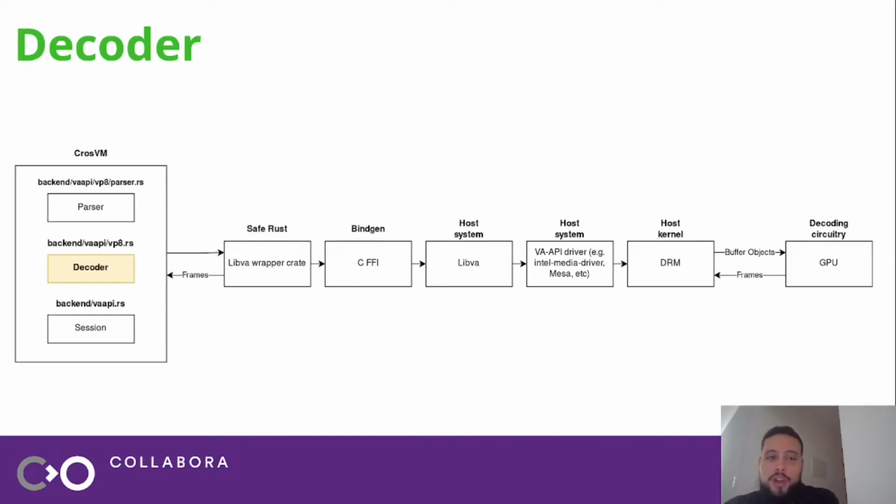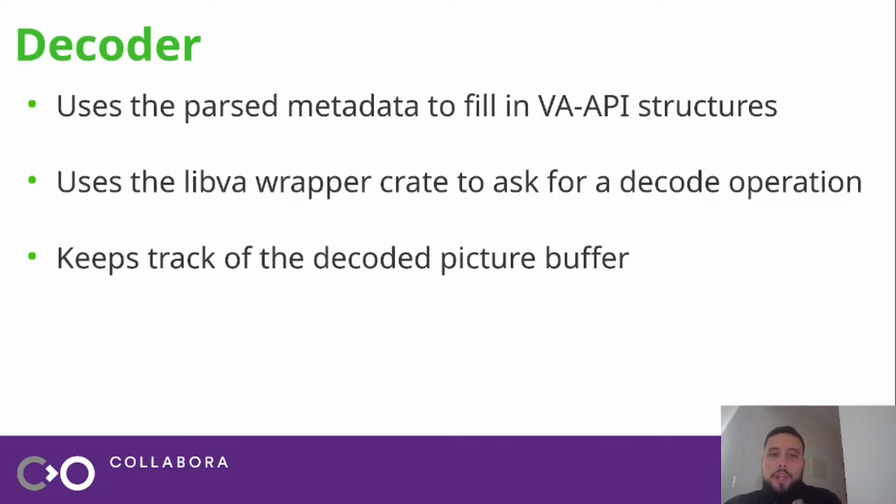The decoder, in turn, will use this metadata in order to fill in some VA API structures, and it'll use the wrapper crate to ask for a decoder operation. And also, most importantly, it'll keep track of the decoder picture buffer, because as you will recall, now the hypervisor is going to be the piece of software that's responsible for keeping track of the decoding state.